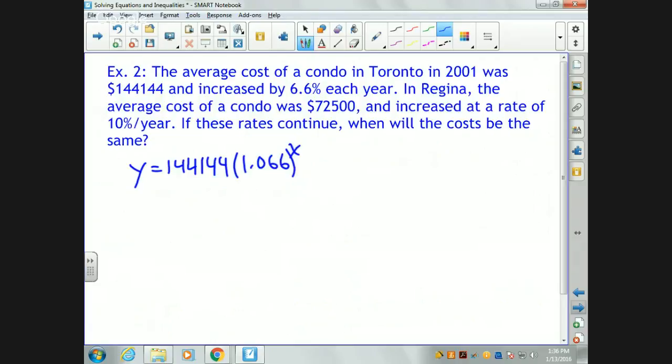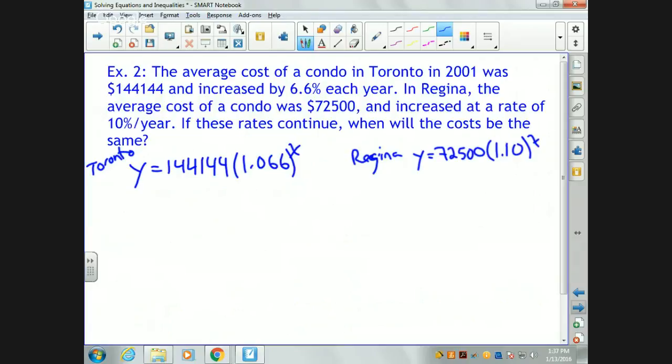So this was for Toronto. And then we would do the exact same thing for Regina. Those are the two equations. We want to figure out when that's going to happen.